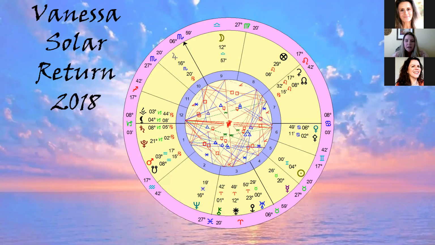What else? Saturn is also conjunct her north node, her natal north node. I got that correct? Yes. So the Saturn is even more important because it sits, I can probably see it better on this chart.